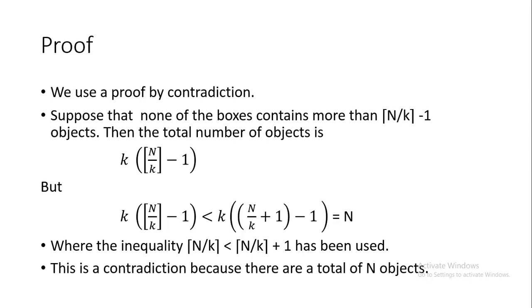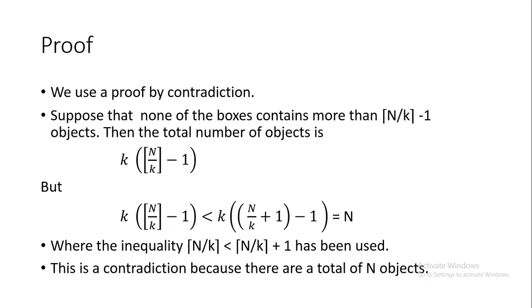We can prove this by contradiction, the same as was applied for the pigeonhole principle. Suppose that none of the boxes contains more than ⌈n/k⌉ − 1 objects. Then the total number of objects is at most k(⌈n/k⌉ − 1).